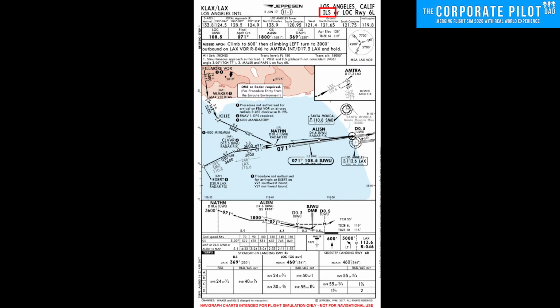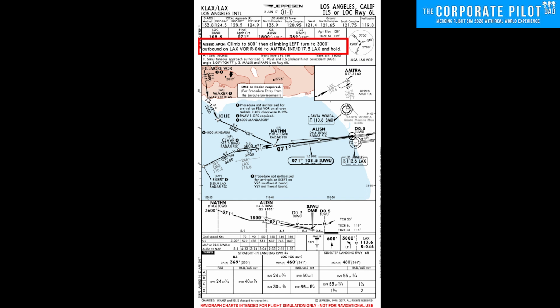It's a precision approach, so our missed approach point is going to be at our decision height. If we were doing this with just the localizer, it would be a non-precision approach, and our missed approach point would be the DME or a time. So one thing you'll notice when doing a missed approach procedure, almost always you climb straight out first.